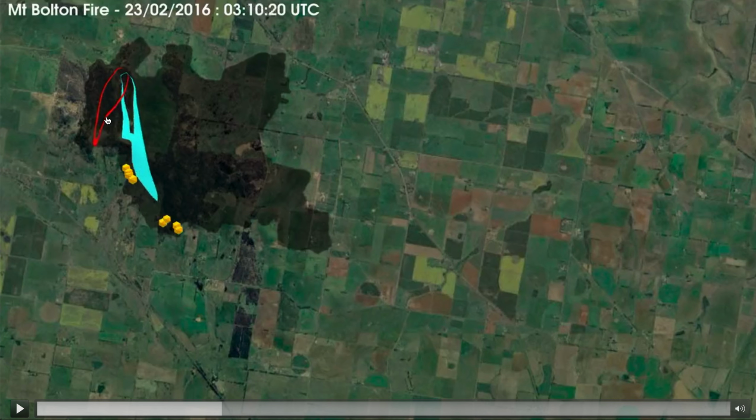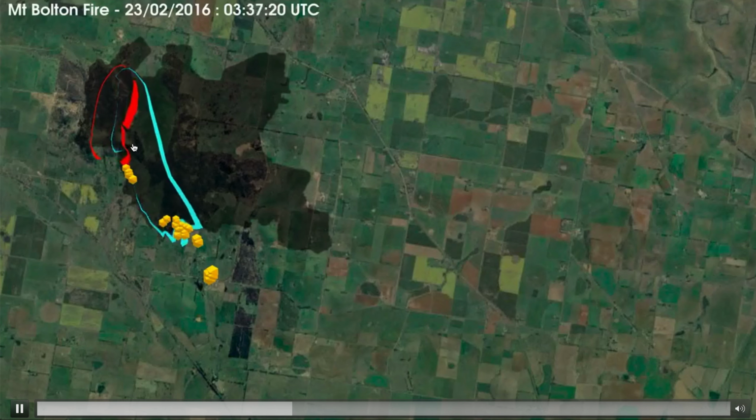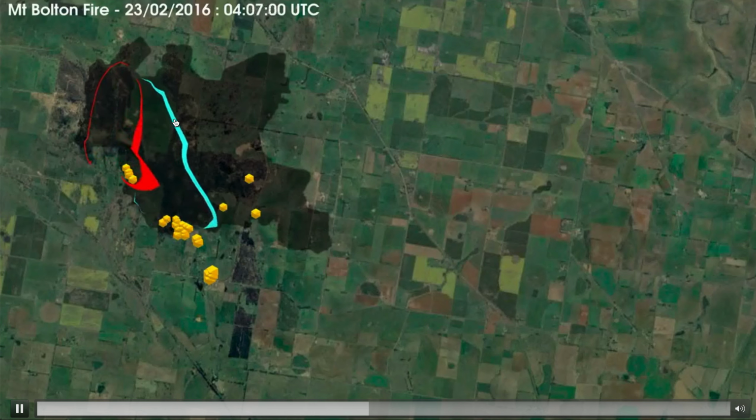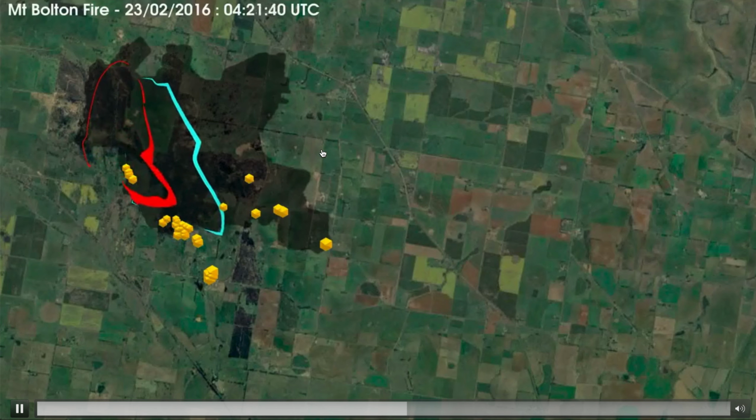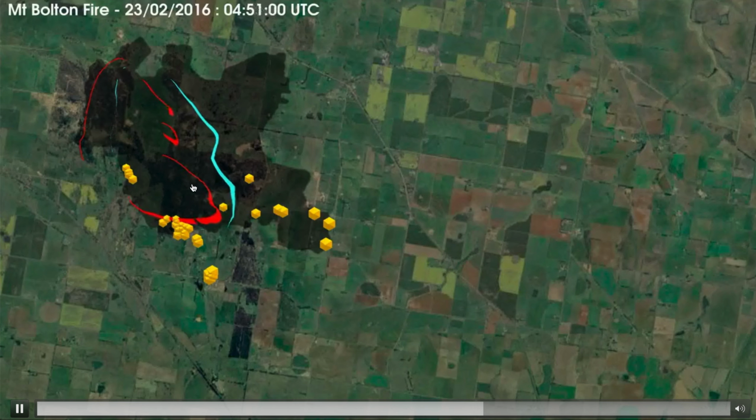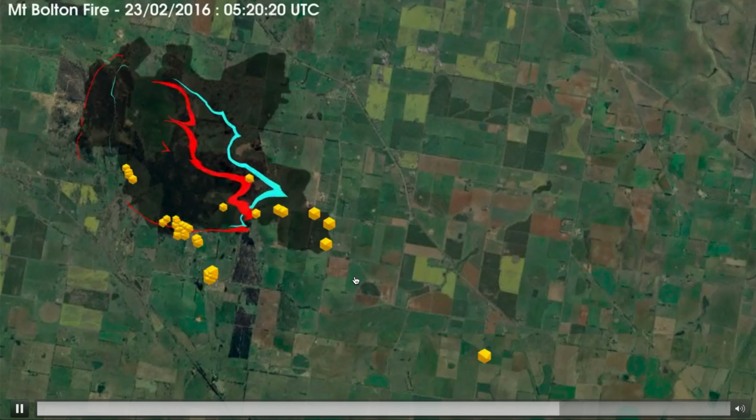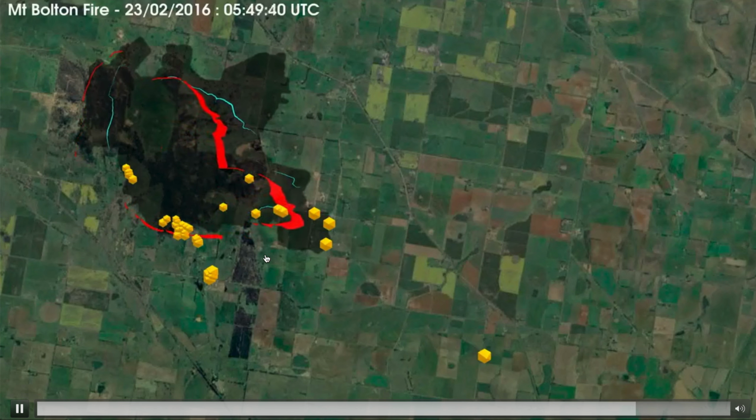Still, our simulation is a little bit towards the west. Now the wind is starting to shift, and some more spot fires are happening here. The actual fire progression is now going to the east, and our simulation is following it. It has followed the wind shift, and the spot fires have been declared in this part of the region.